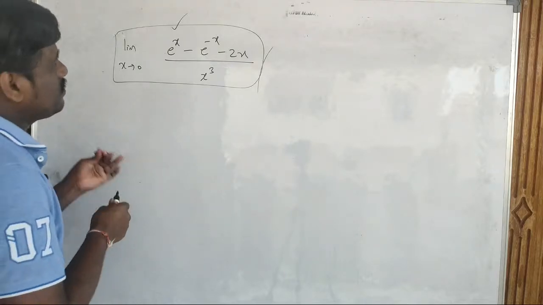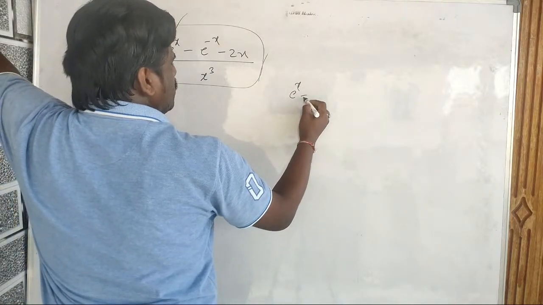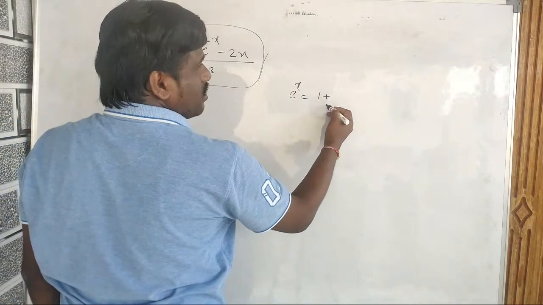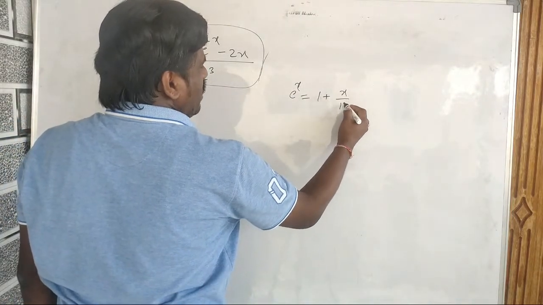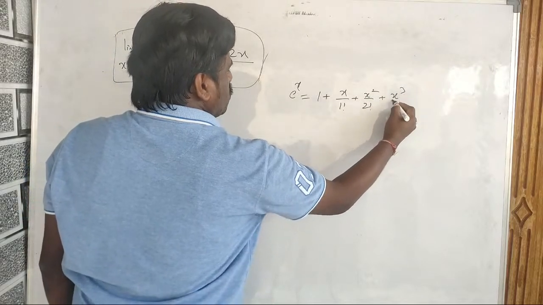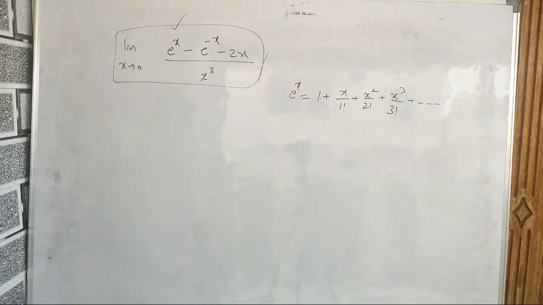So e power x expansion is 1 plus x by 1 factorial plus x square by 2 factorial plus x cube by 3 factorial and so on.